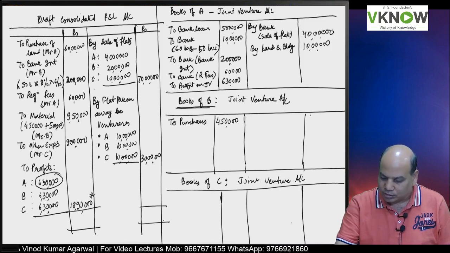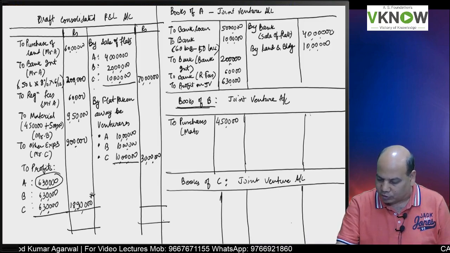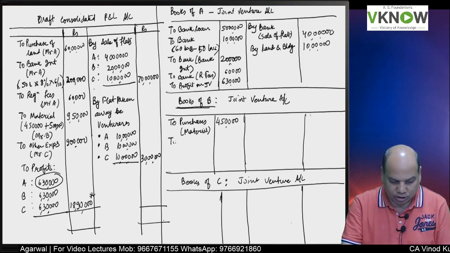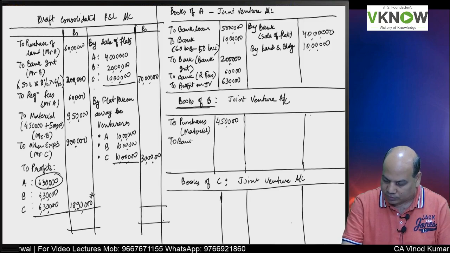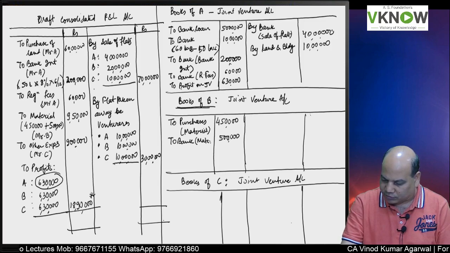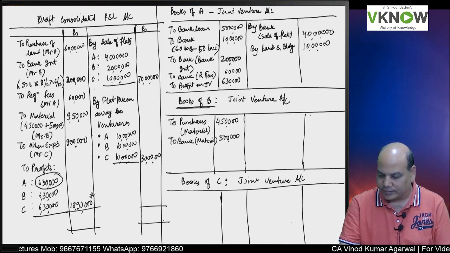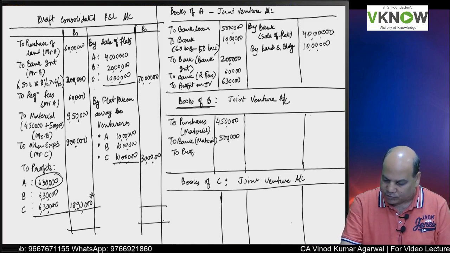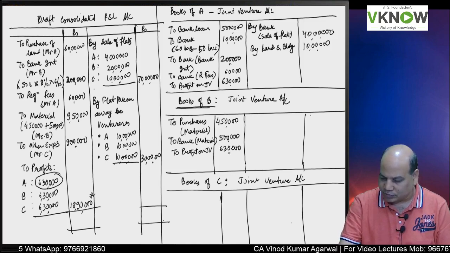It is not paid out of bank, it is paid out of existing stock, so purchase will be reduced, and to bank will write 5 lakh for material purchased for joint venture, and to profit on joint venture will write his share 6 lakh 30,000.